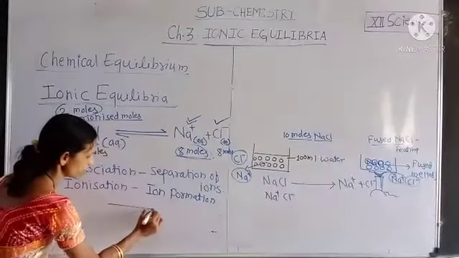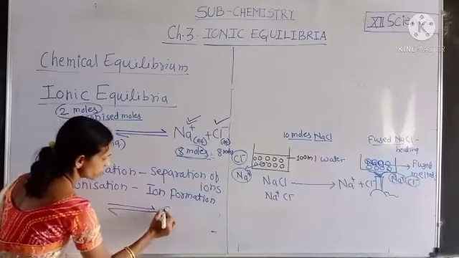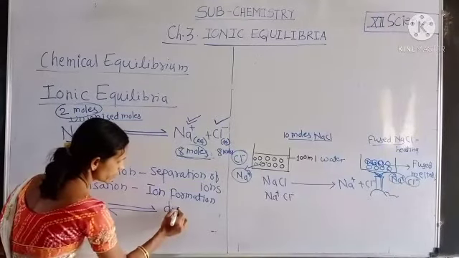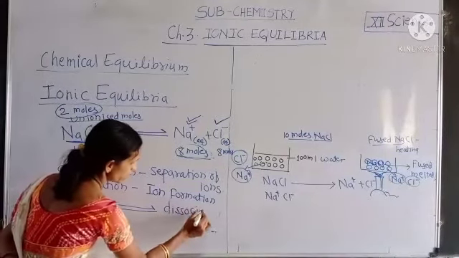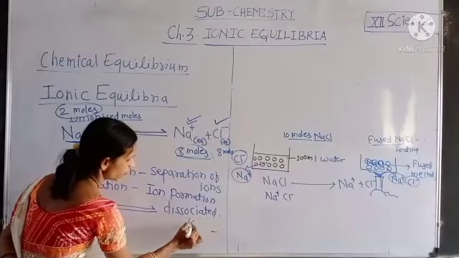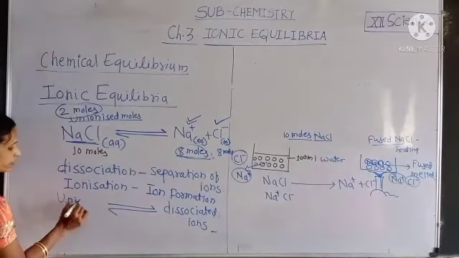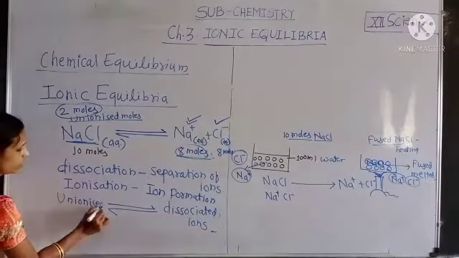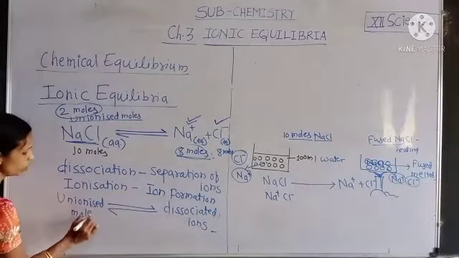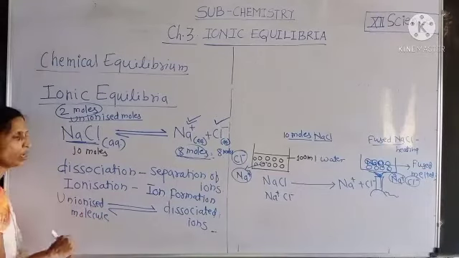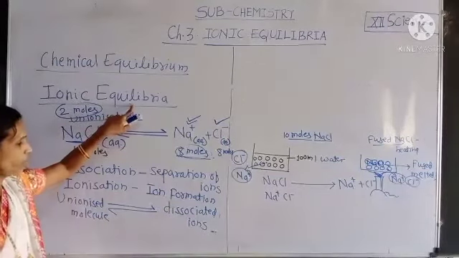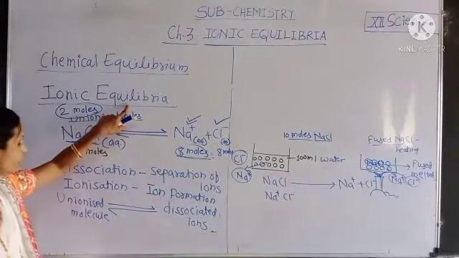That means equilibrium is attained between dissociated ions and unionized molecules. That is called ionic equilibrium. यालाच आपण ionic equilibrium असं म्हणणार.